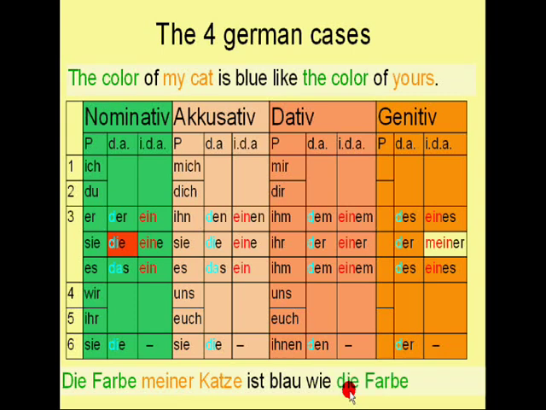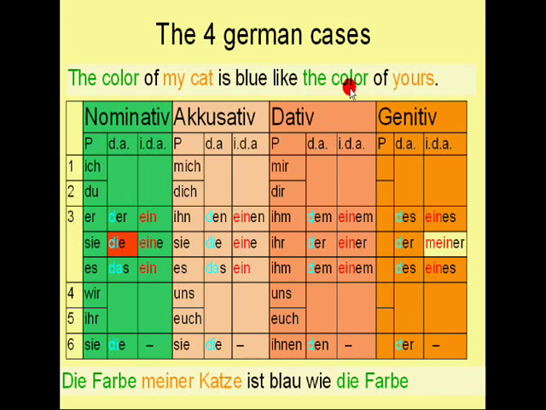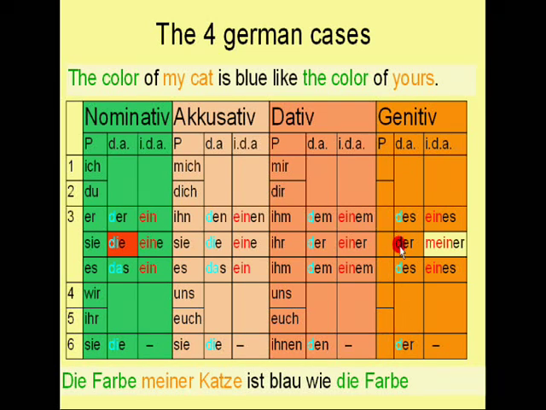Now yours is a possessive pronoun that replaced the noun. Which noun? It replaced the noun color, which is feminine and singular. And because it replaced it, we need to look at this column here, and especially at this word here, because this stands for feminine ones.